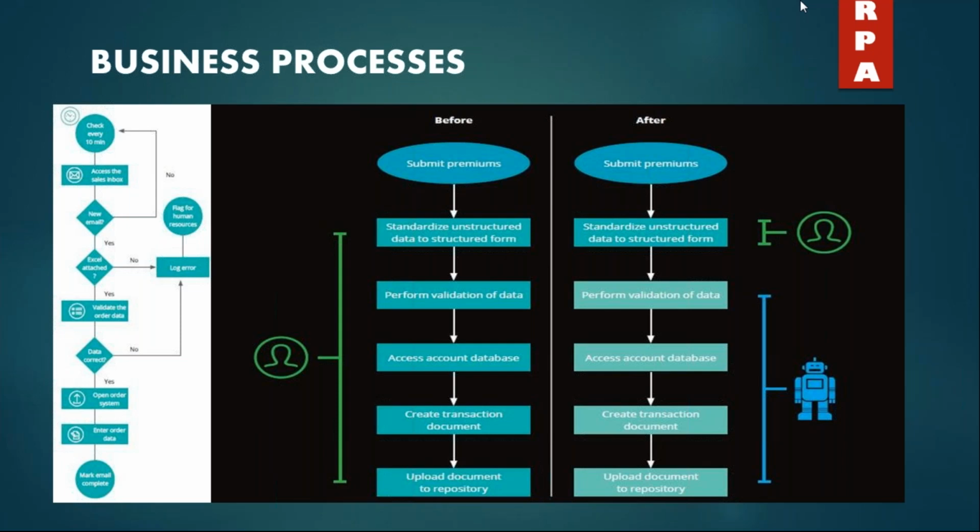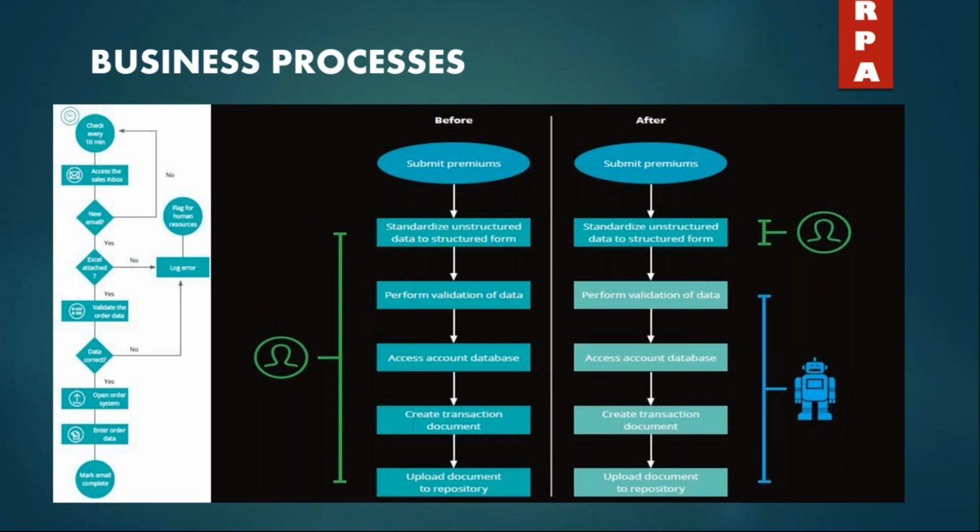This is before automation: they execute all the steps manually. After automation we still execute a few steps manually, the first two, because they involve human decision making.